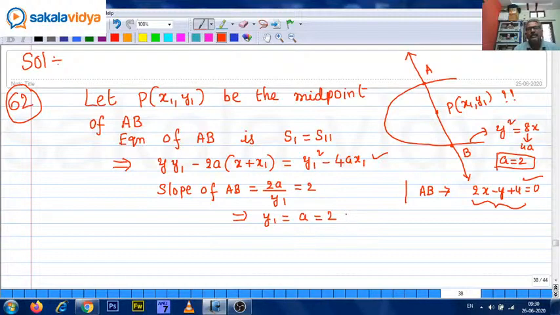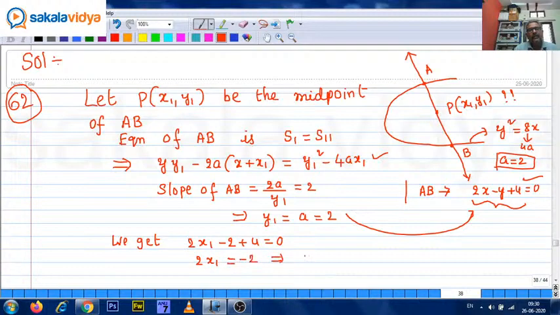It lies on this line. So we get now 2x1 minus 2 plus 4 equals 0. 2x1 equals minus 2, so x1 equals minus 1.